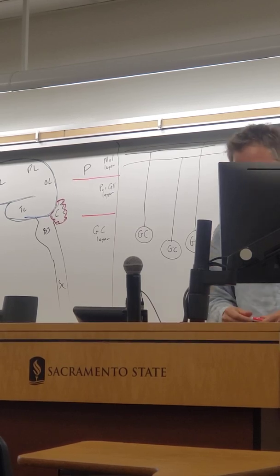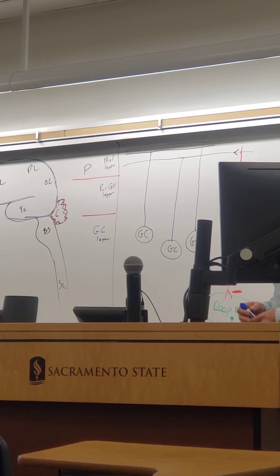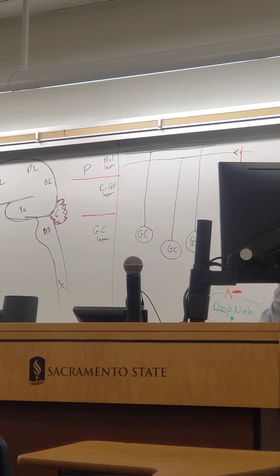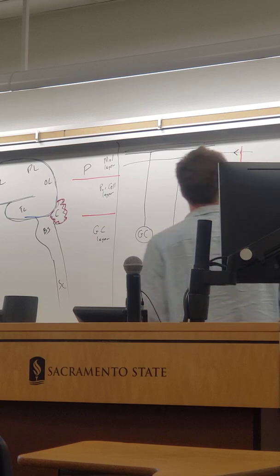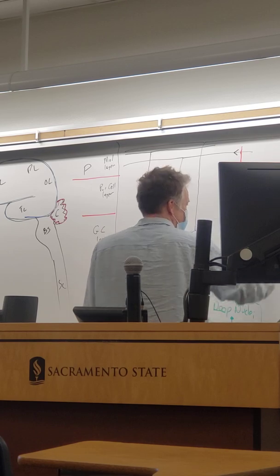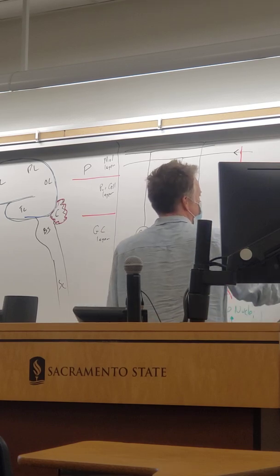So now, remember, I just said there's all this kind of input coming into the cerebellum. And it's coming in two forms, okay? So one input is coming, so let's talk about input over here.